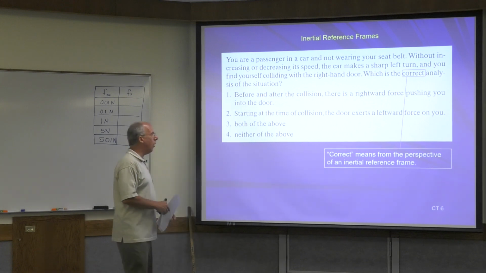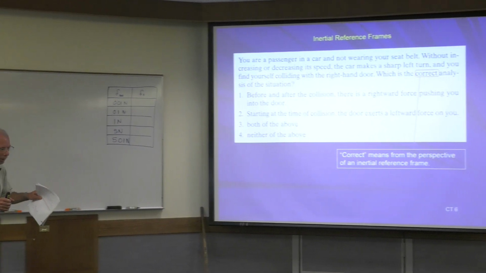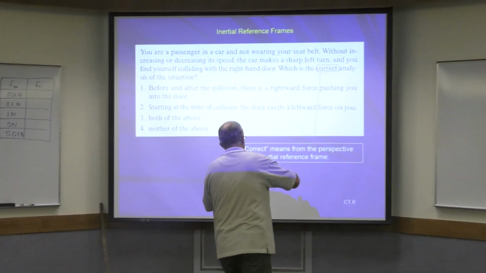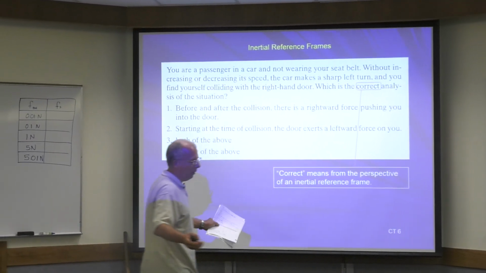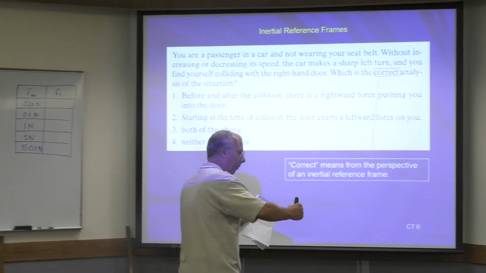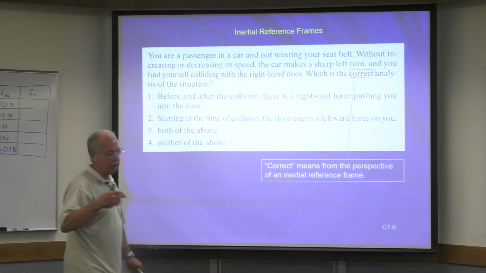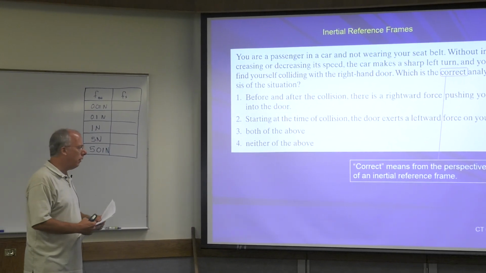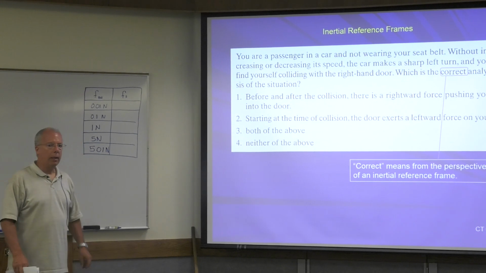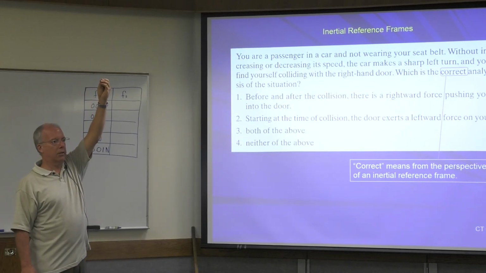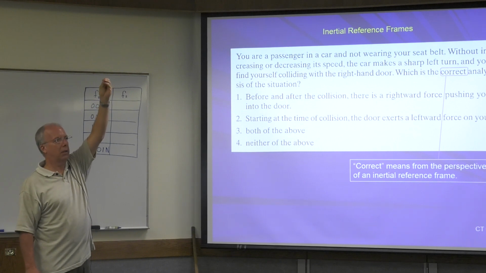Okay? So, you're in a car, and all of a sudden, a quick left turn, right? Well, come on. You're making a turn. You are not an inertial reference frame because you're accelerating. Your direction is changing. So what would be the perspective from an inertial reference frame? Well, let's say there was a drone up there in the air, and it's just staying at the same location, right?